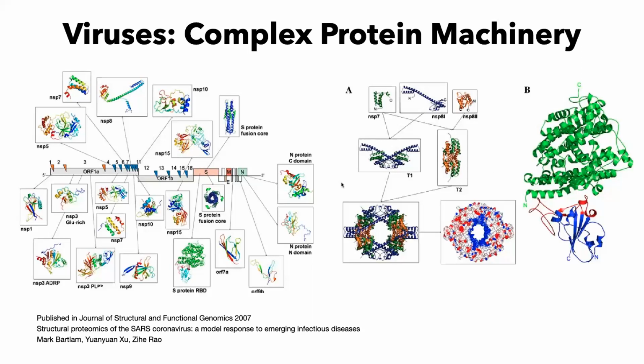And so these structures are used by the virus to interact with a number of different proteins within the cell, including interference with a number of different processes that the cell would employ to attack the virus because it recognizes it, to support the replication, and also utilize and trick the cell machinery into doing whatever the virus needs instead of what the cell needs. So here are some examples.